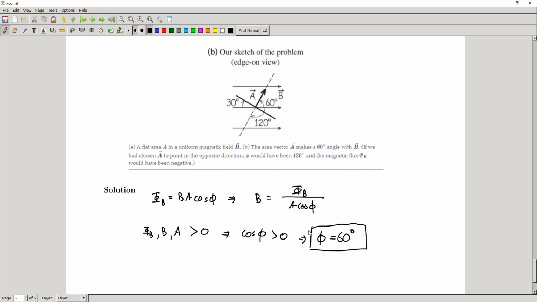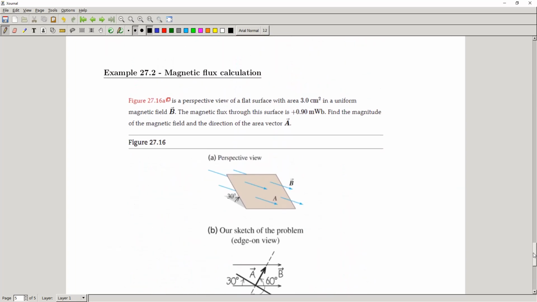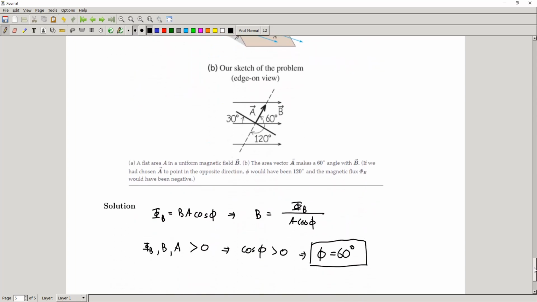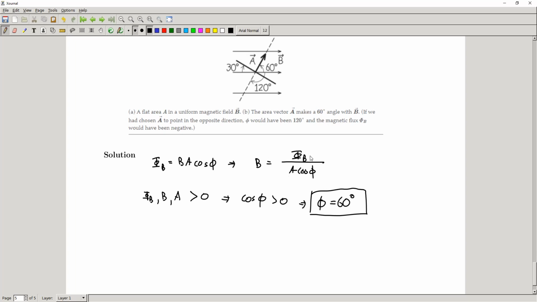Okay, and so this answers part of the question. This is giving us the direction of our area vector, and if we then take the values that were given up here, 3 centimeters squared and so forth, we can substitute these values in here and solve for B. So that's what I'll do here very quickly. I'll just rewrite it one more time.